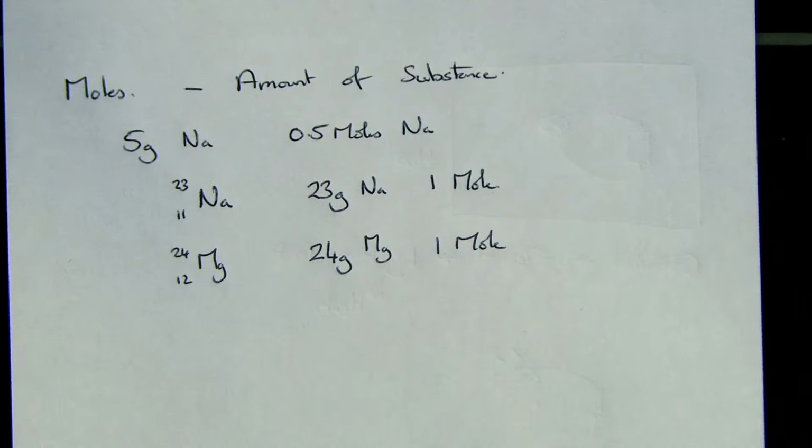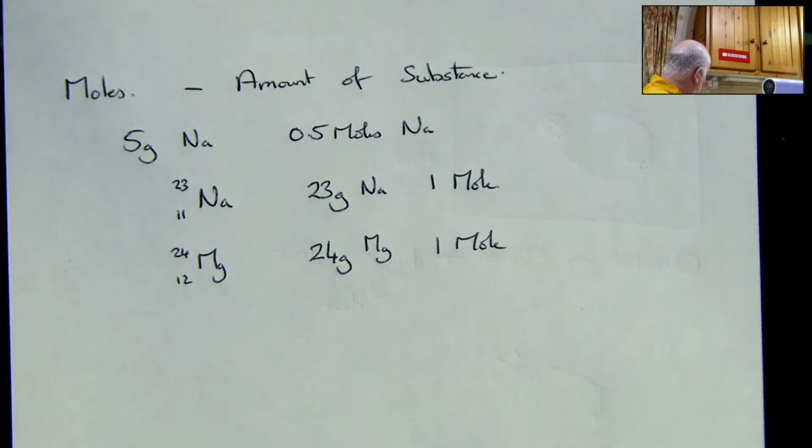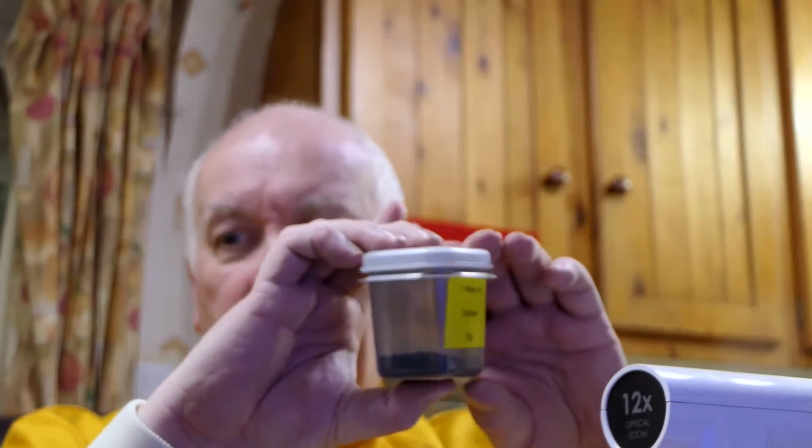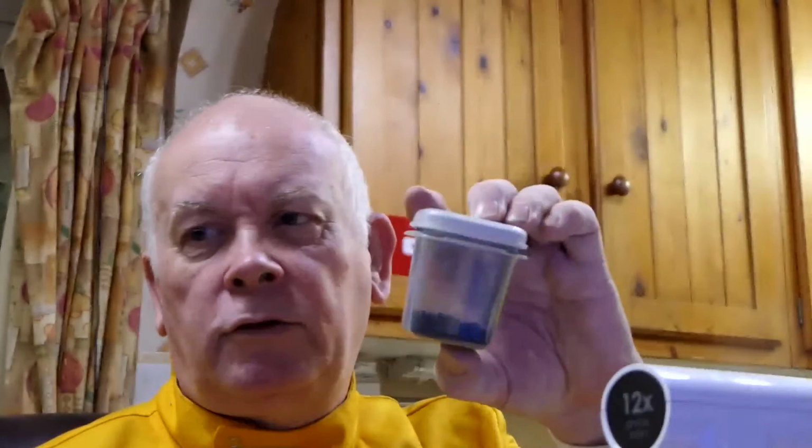Let's see if we can look at that a little bit more sensibly. Right, that didn't do what I wanted it to do. Right, okay, here I've got 12 grams of carbon in a little container.